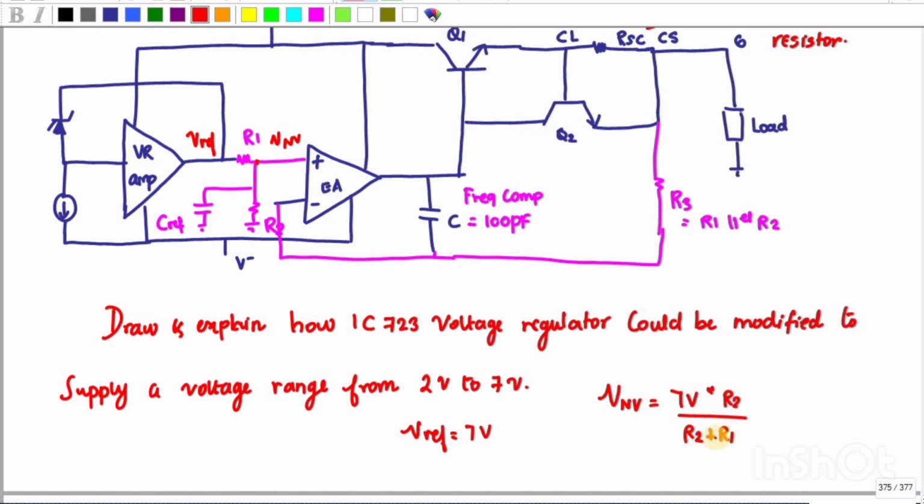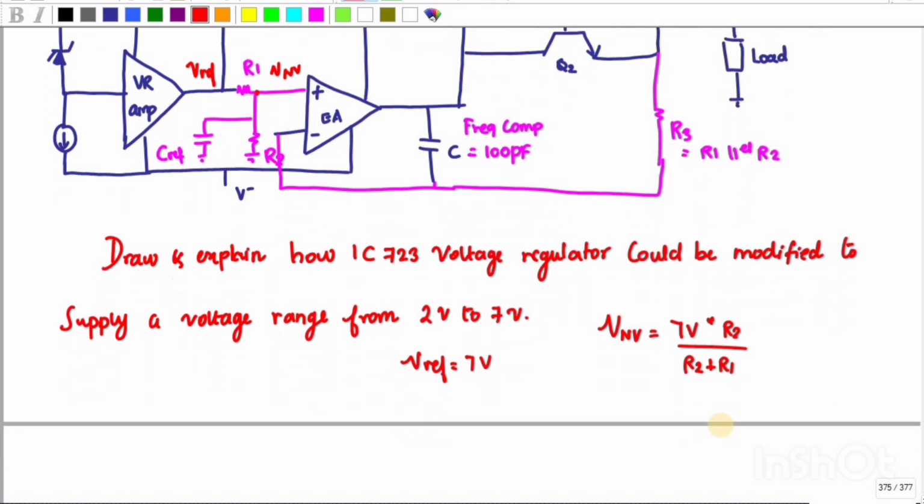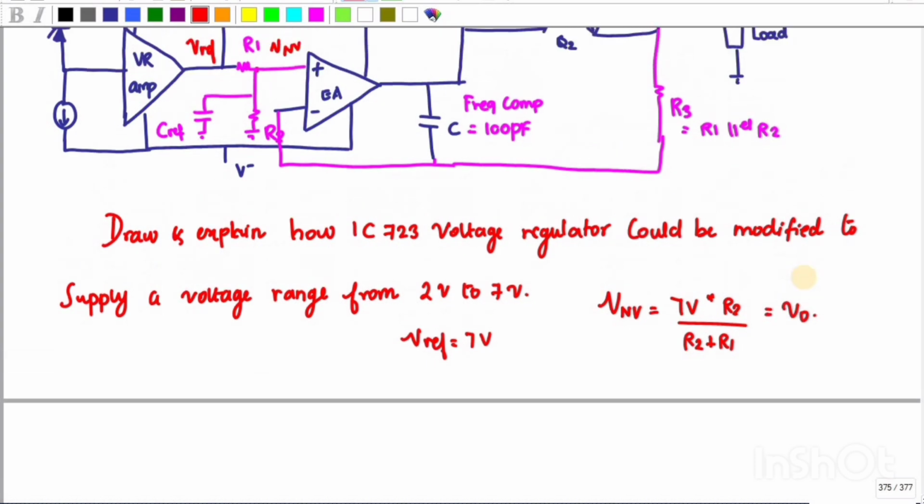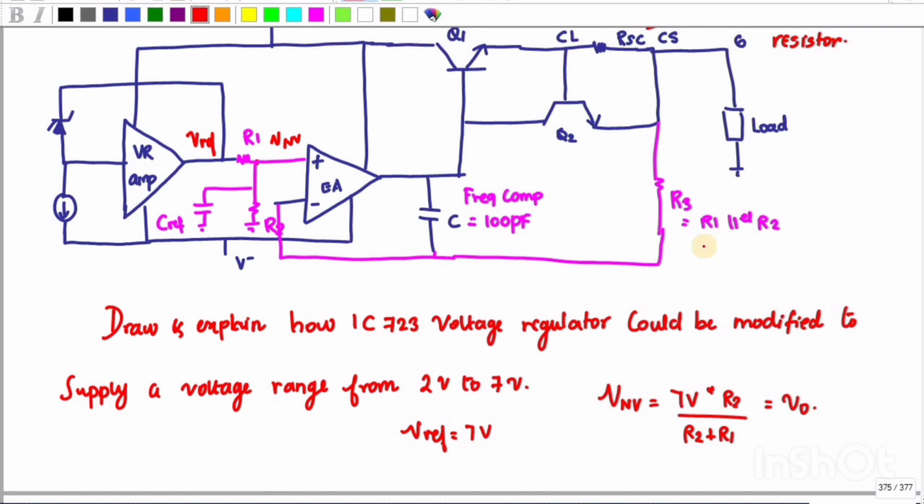So if we choose the value of R2 and R1, you can get the value of V non-inverting, which is nothing but your V naught. Okay, and we know that R3 is nothing but R1 in parallel with R2.